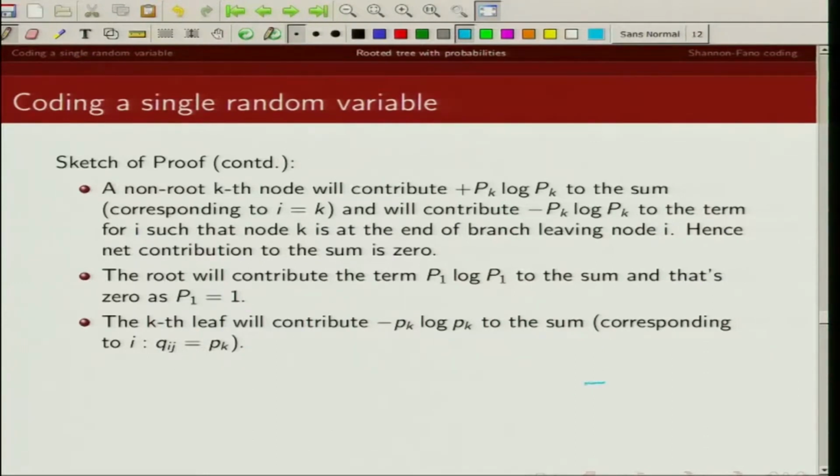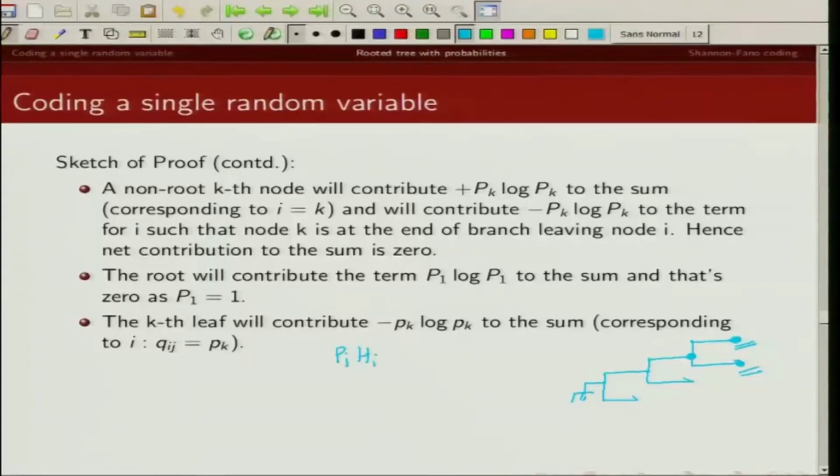If you have trees of this form, and you are looking at, let's say, the sum of probabilities at this particular node, then since these are leaves, they will contribute a minus Qij log Qij term corresponding to the probabilities of these particular nodes. So the net contribution to this summation Pi Hi, summed over all the nodes including the root node, will be just the contribution of the leaves, and this is nothing but the leaf entropy that we have defined.